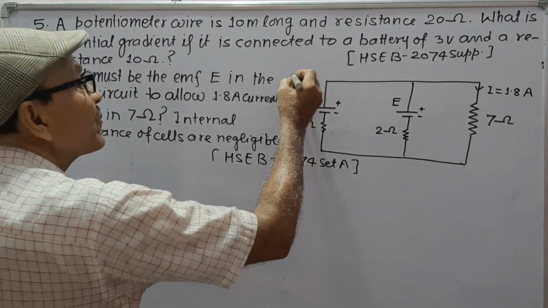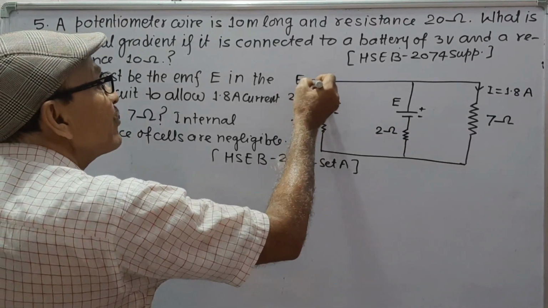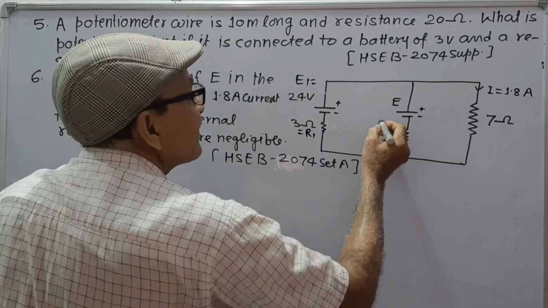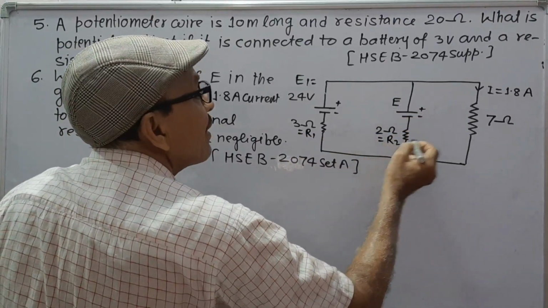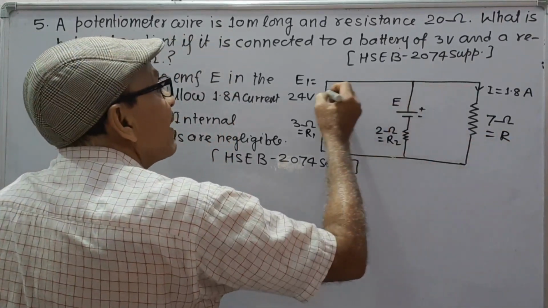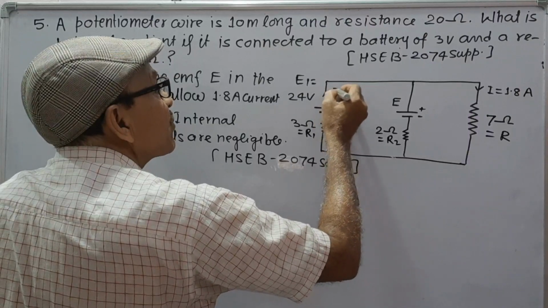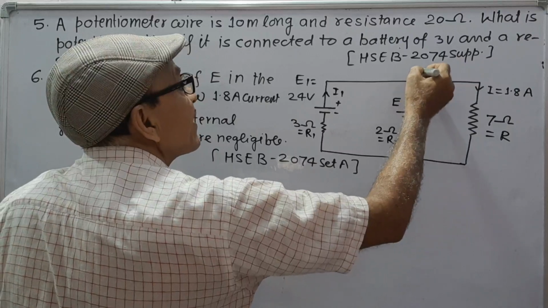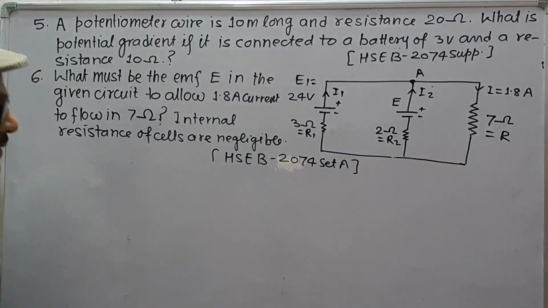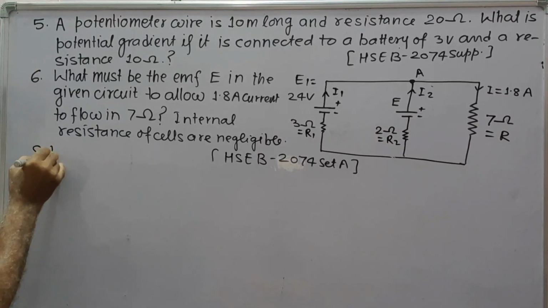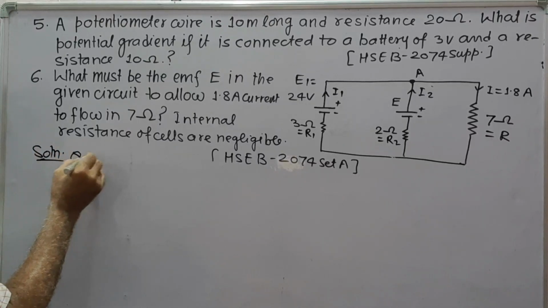For simplicity, suppose this is E1, this is R1, this is R2 and this is R. Suppose this is current I1, this is current I2 and this is node A. We have to find E. Solution to question 6.